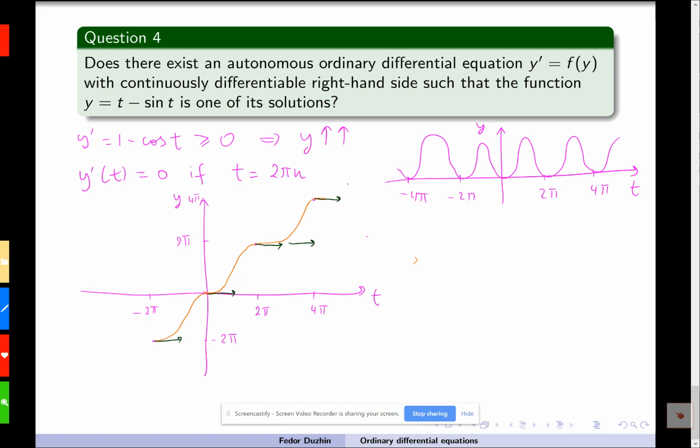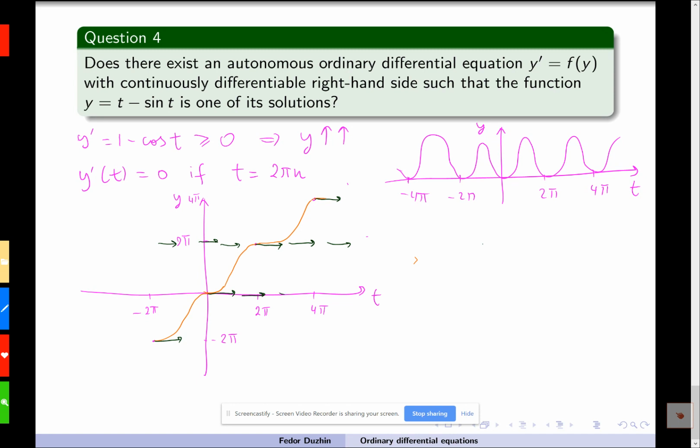So in particular, if our direction field is horizontal for some value of t when y equals 2 pi, then it's going to be horizontal for all values of t when y equals 2 pi.